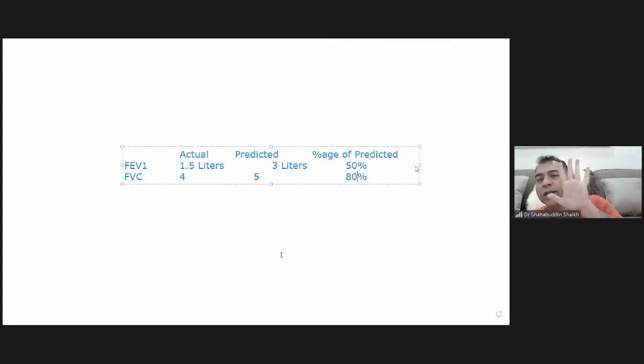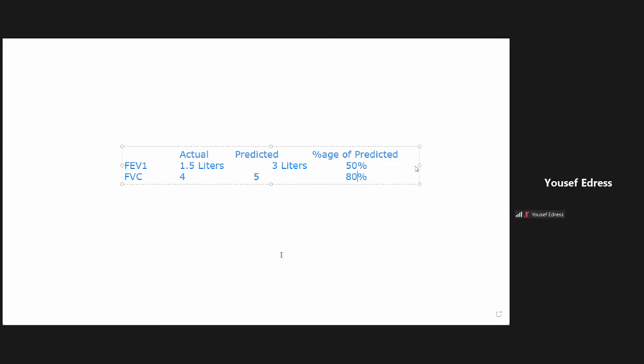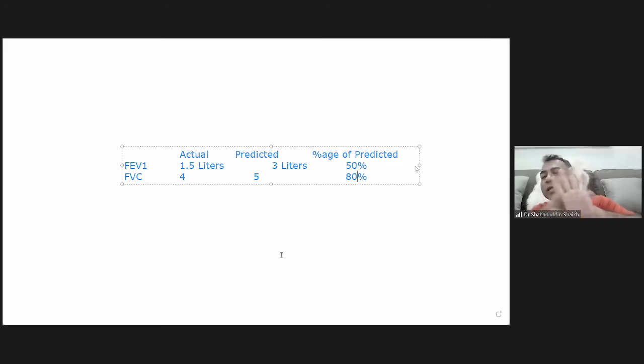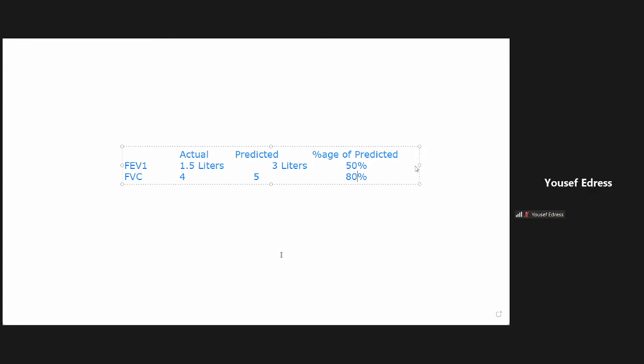See, 5 means 100%, so one finger will be 20%. 20, 20, 20, 20, total 100. So 4 out of 5 means 80%. Easy to remember. You don't even need to calculate. It will be given in the question. Clear?